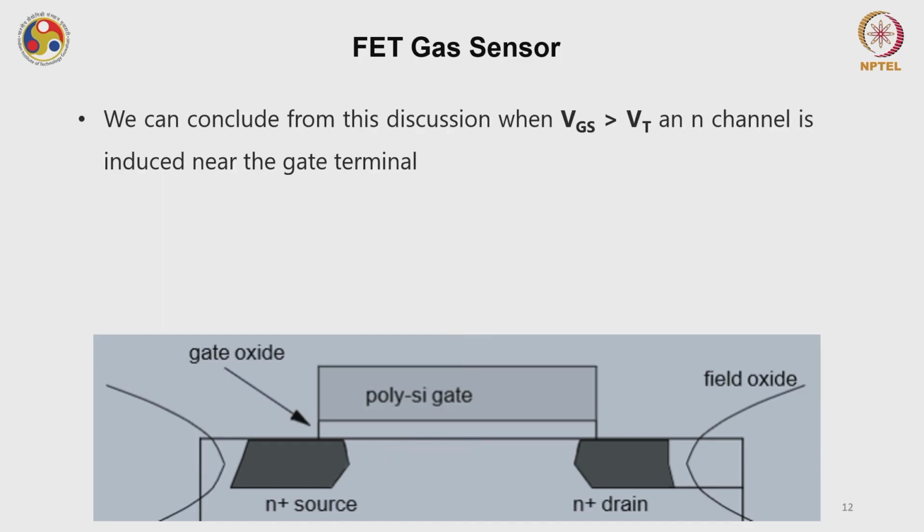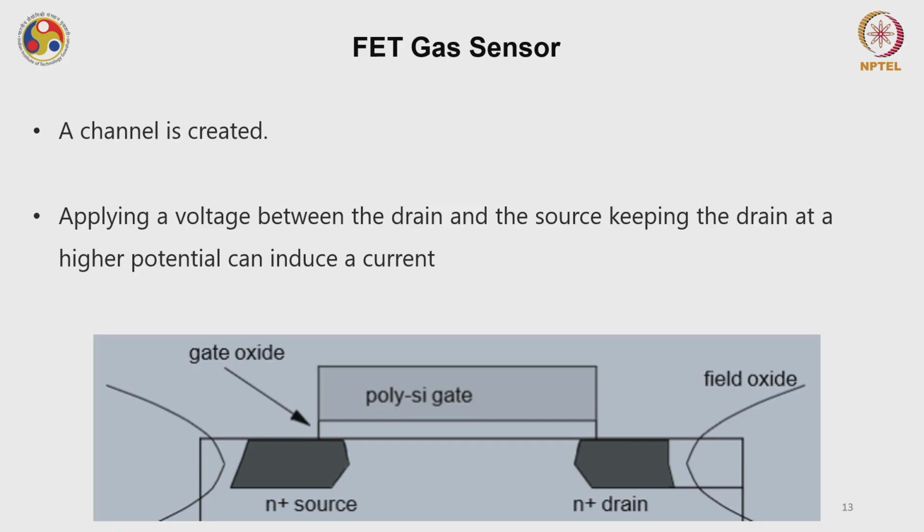We can conclude from this discussion that when VGS is greater than threshold voltage, an n channel is formed at the gate terminal. So, to form a channel, we have to achieve a condition where VGS is greater than threshold voltage. Now, you have a channel, but still there is no current, right?